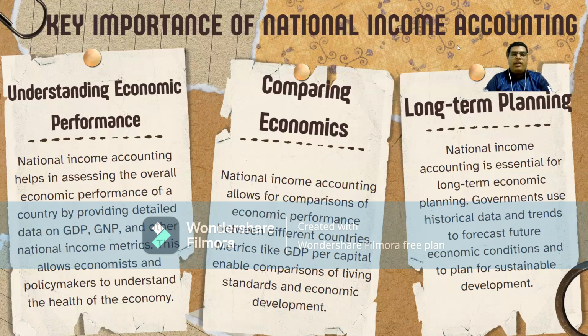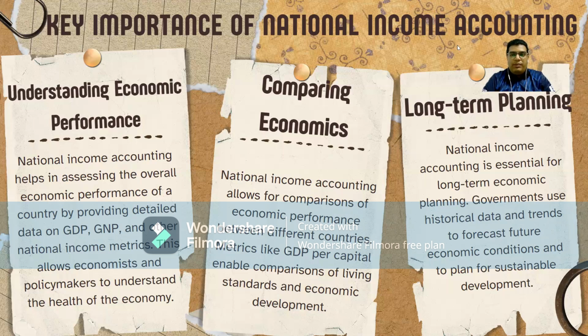Second is comparing economies. National income accounting allows for comparisons of economic performance between different countries. Metrics like GDP per capita enable comparisons of living standards and economic development.